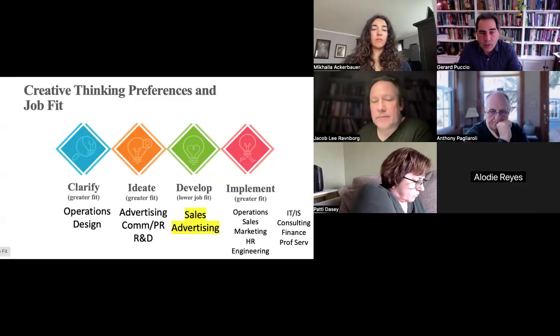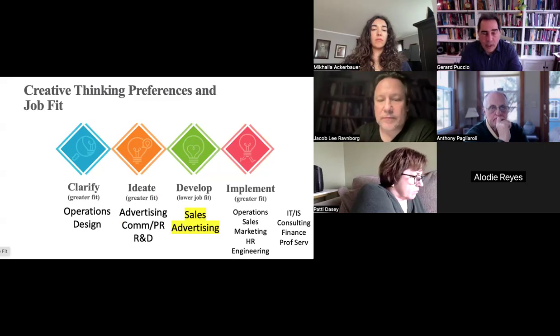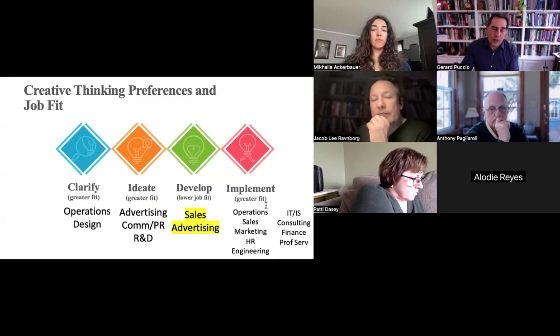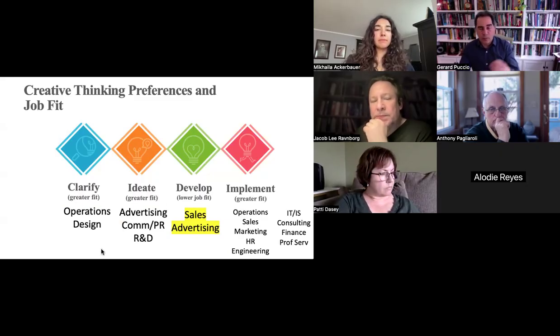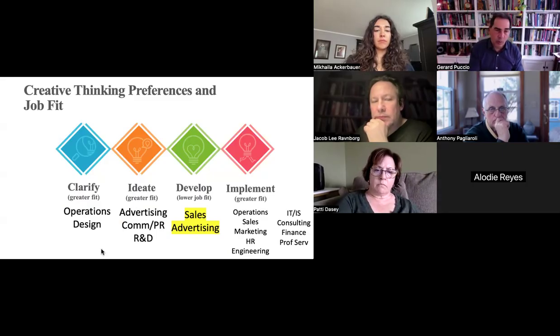So here's a summary of the relationships that we found. Again, a majority of the occupations showed that a high implementing preference showed greater fit. However, in certain occupations, I don't know if you would agree, but from my perspective, these seem to be theoretically aligned with the kind of thinking that happens in these other stages.